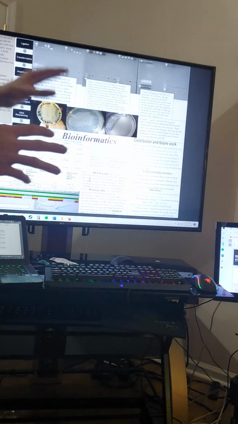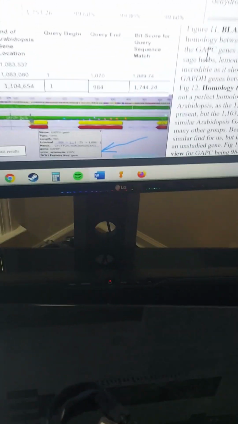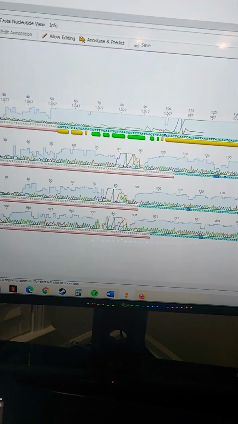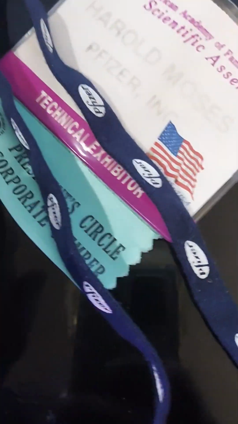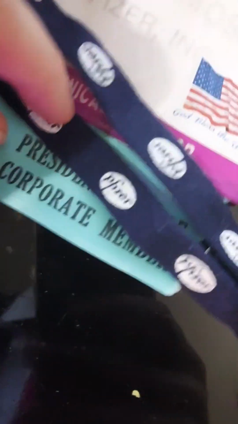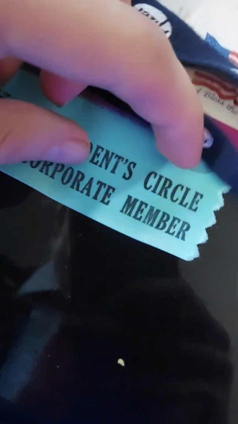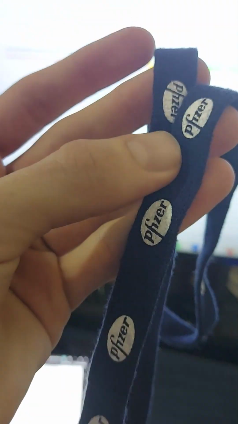And with future work, we can use this same exact software, or at least very similar to Genius, to sequence the human genome. And for example, where I work, Pfizer, this is actually my dad's name tag, but at Pfizer, where he was the President's Circle corporate member, we have now created a 90 to 94% effective coronavirus vaccine.